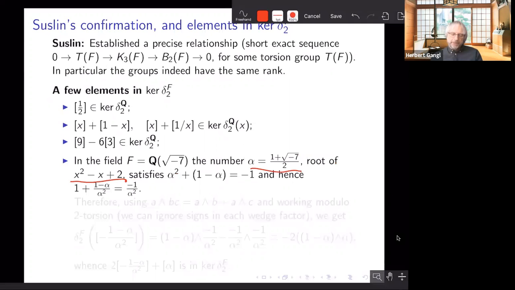Therefore it satisfies alpha squared plus 1 minus alpha, added up, comes to minus 1. And therefore dividing by alpha squared, we get the next equation. So here we have something of the type of 1 minus an element in the number field equals again such an element.